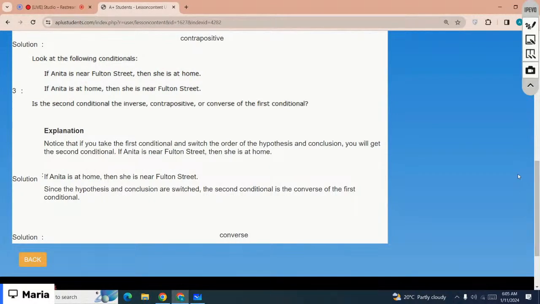Look at the following conditionals. If Anita is near Fulton Street, then she is at home. If Anita is at home, then she is near Fulton Street. Is the second conditional the inverse, contrapositive, or converse of the first conditional?